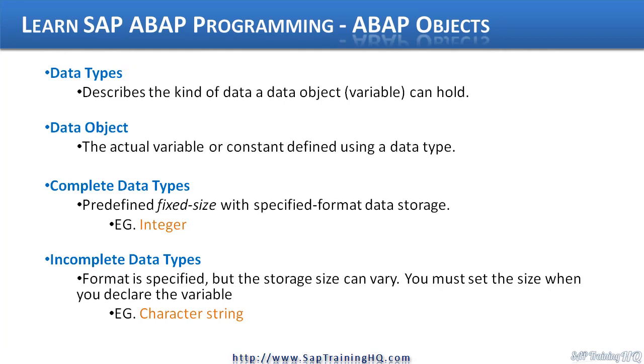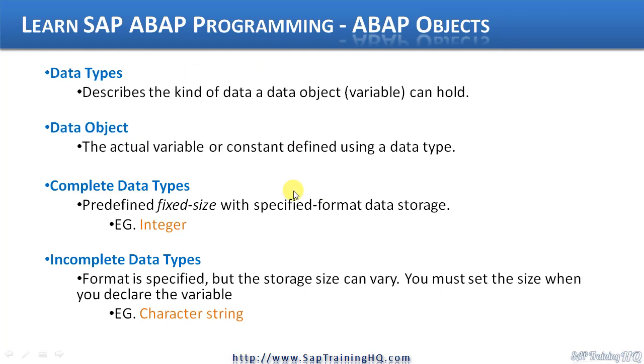But the data object that makes use of this NUMC8 could be something like employee number. So when we define employee number as a variable, as a data object, it really helps describe what data is being held a lot better than the actual data type itself.